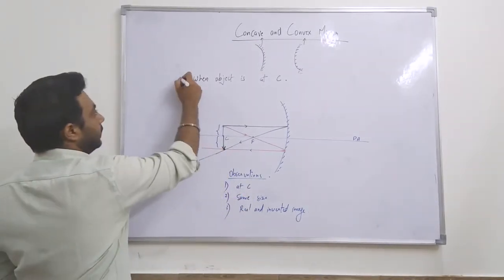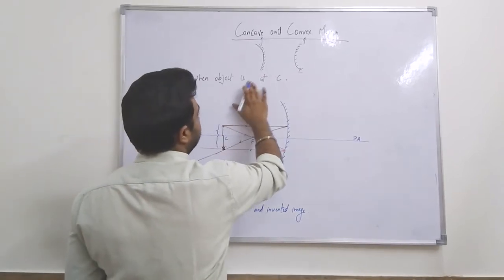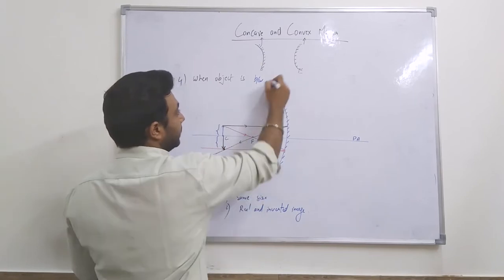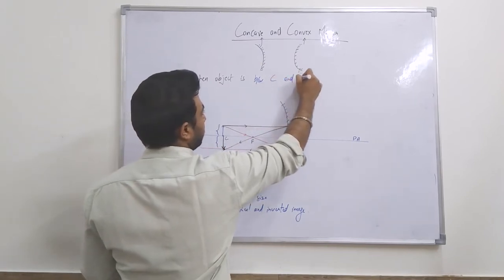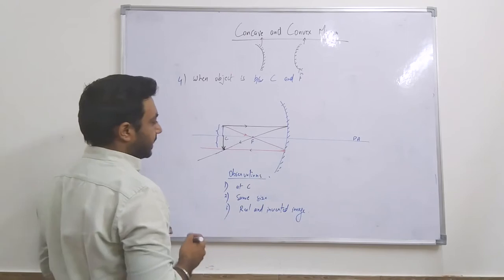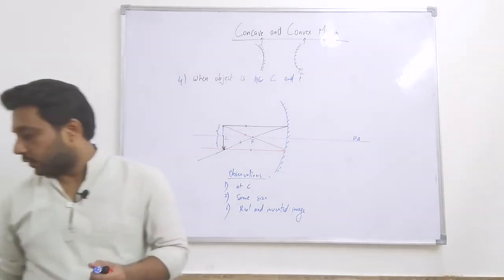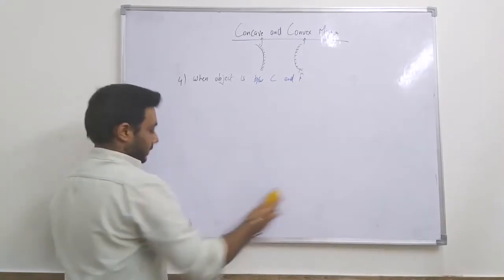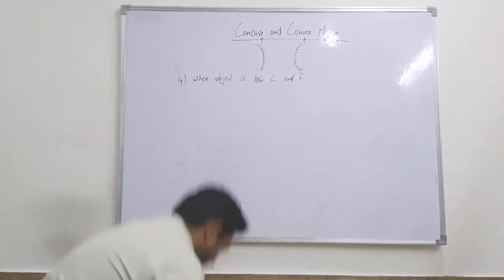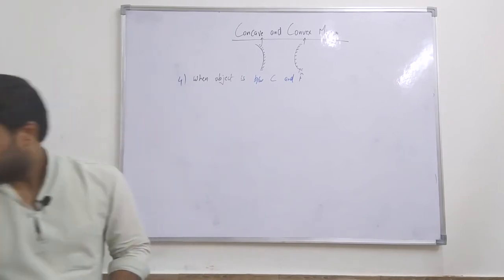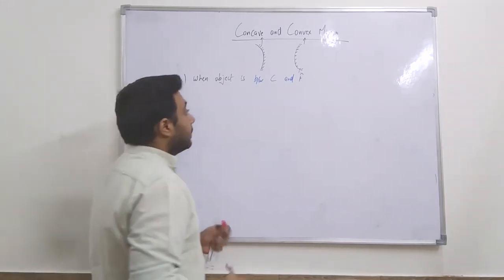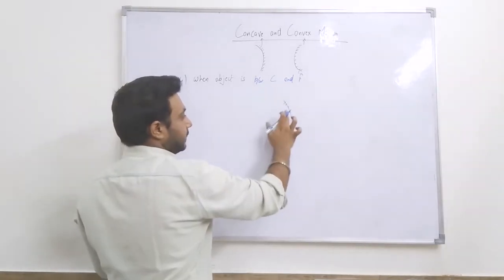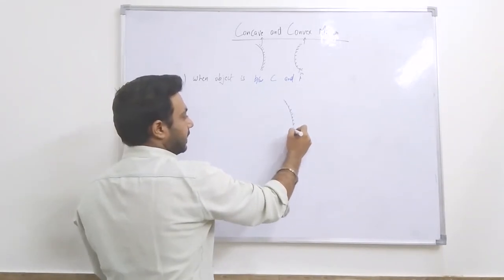Now fourth case, when object is between curvature and focus. Again, you have to make this concave mirror.